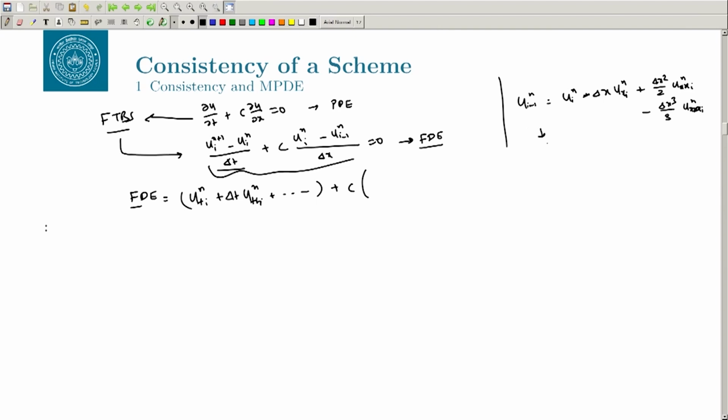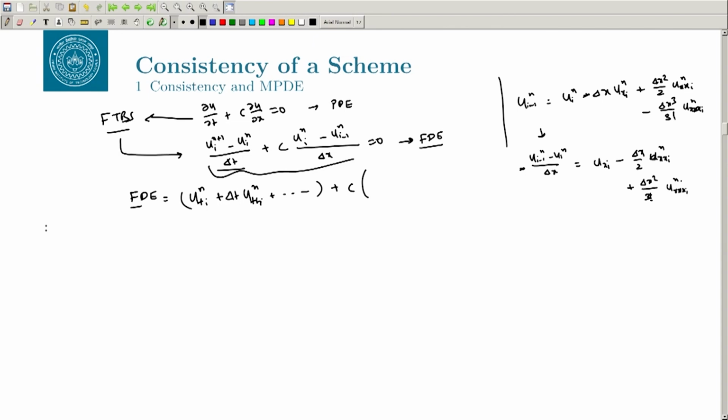So, you can rearrange it, and write (u_(i-1) minus u_i^n) by delta x. Okay, I will take the negative of that because that is what we want to put here. So, that will become u_x at i, minus delta x by 2 u_xx at i, and plus delta x square by factorial 3 u_xxx at i n, right.